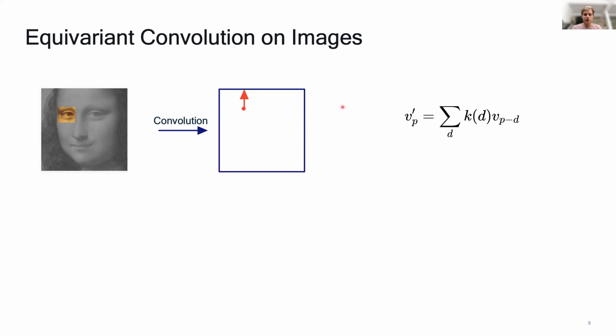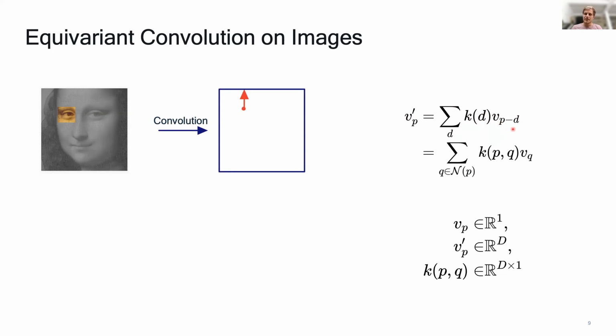And we write a convolution like this. We have some weight kernel, and for all relative distances, it has some value, and then we convolve this kernel over an input feature. We could also write this in a more message passing style to get closer to the graphs. We have inputs at all points Q, so these are the pixels on the image.